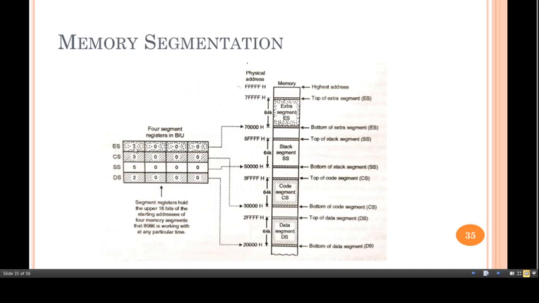So here one example is given. This ES, that is the extra segment register, is holding the data 7000. That means this 7000 is the starting address for the extra segment, and this is only the upper 16 bits from this 70000H. Okay, CS is having address 3000.